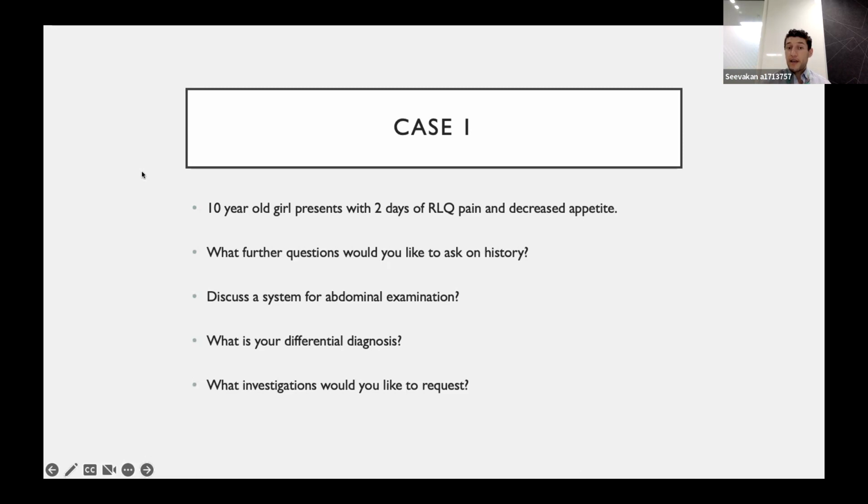Righty-ho, does anybody have a system, like a systematic way of examining the abdomen that they'd like to share? Because the other OSCE that you could get is this exact same scenario, this 10-year-old girl, 2 days of right lower quadrant pain, please perform an abdominal exam. Anyone have a good one that they want to share?